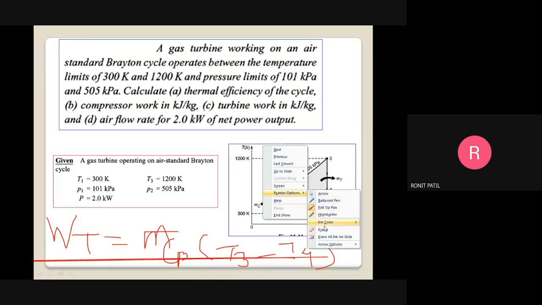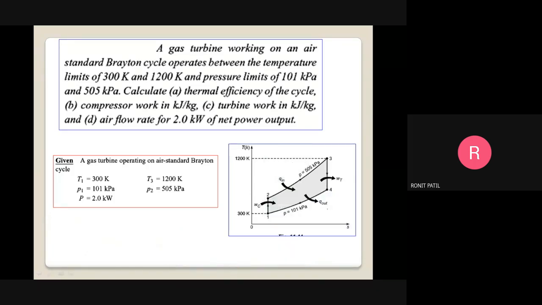If we want to find T4, we have to use process 3 to 4. So using isentropic process 3 to 4 to find out T4, since we know the Rp, we can use the relationship between temperature and pressure.